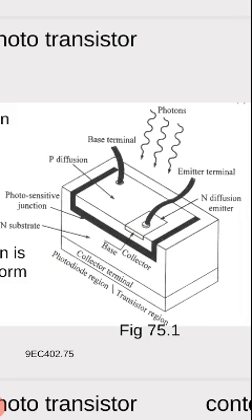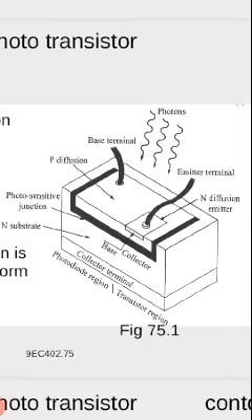Photosensitive junction. And one side is represented as collector, N diffusion, base terminal, P diffusion, N substrate, N diffusion. This is the construction of phototransistor.